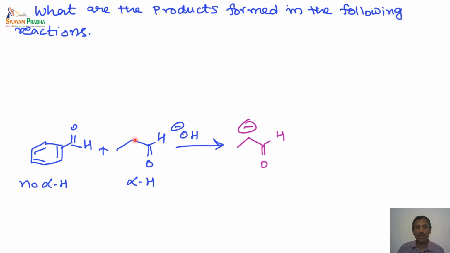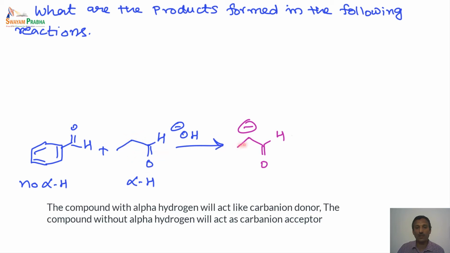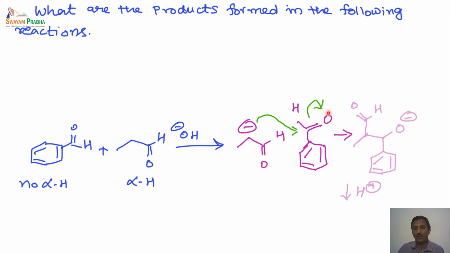So an anion is generated on this particular propionaldehyde substrate. This anion can now attack the electrophilic carbon on the other unit, that is the benzaldehyde unit. So this minus charge attacks here and this bond is shifted towards the oxygen. So we end up with this product.